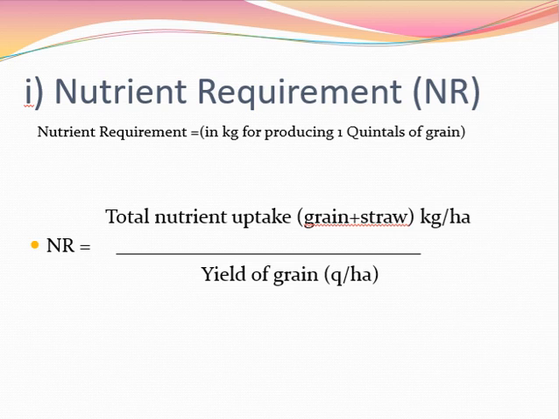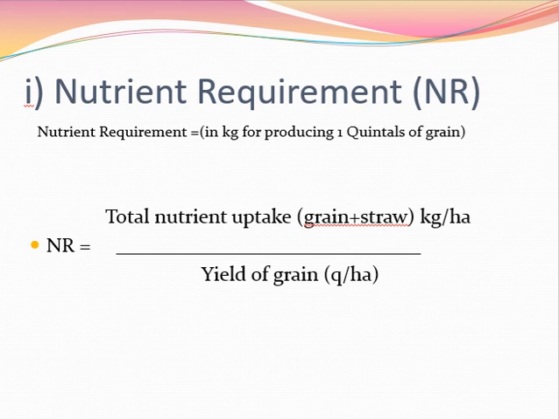Okay, let's study the first criteria. Nutrient requirement in kilogram for 1 quintal of grain. Nutrient requirement is equal to total nutrient uptake, that is from plant analysis from grain plus straw, nutrient uptake in kilogram per hectare, divided by yield of grain in quintal per hectare.